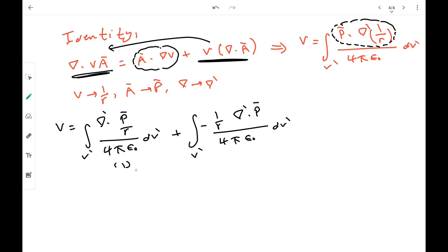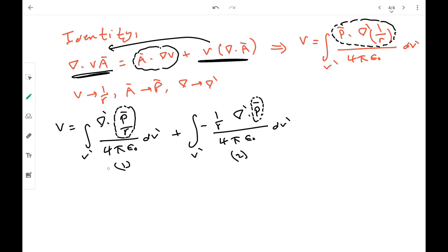So we have two integrals now, integral number 1 and integral number 2. Both integrals have divergence, but we need to apply the divergence theorem only to integral number 1, since integral number 1 has a difficult to solve derivative, while for integral number 2 it is easy to find this derivative since it is a function of P only.